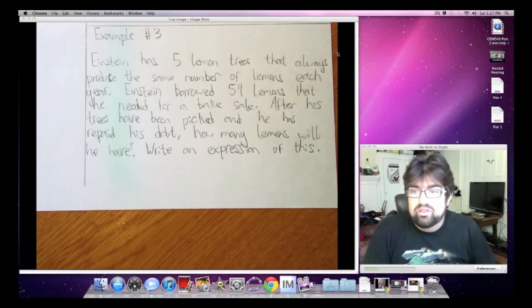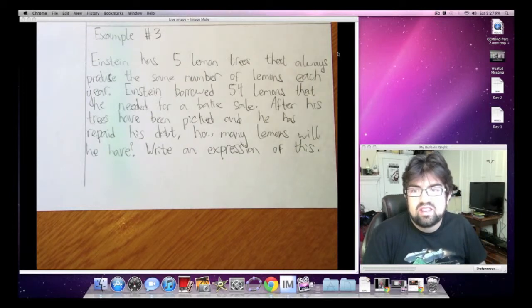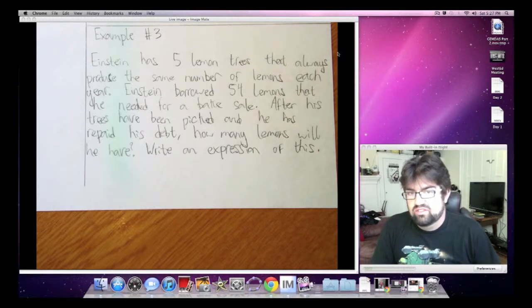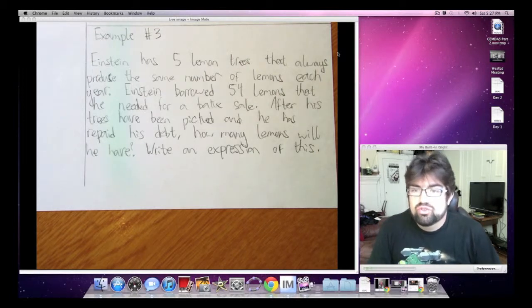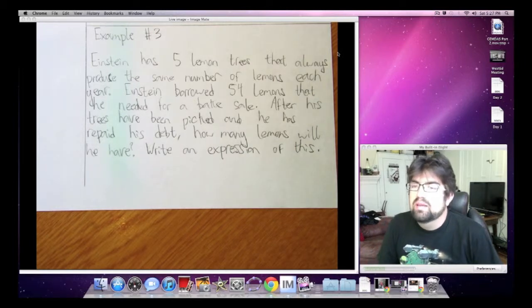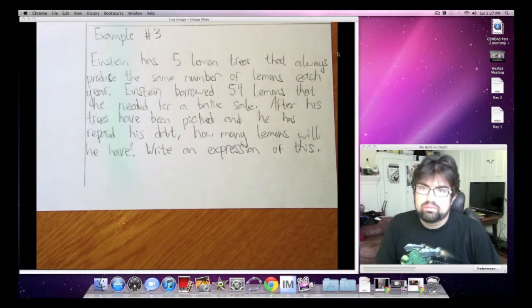The same number of lemons every year. Einstein borrowed 54 lemons that he needed for a bake sale from like a friend. After his trees have been picked and he has repaid his debt, how many lemons will he have? Write an expression of this.